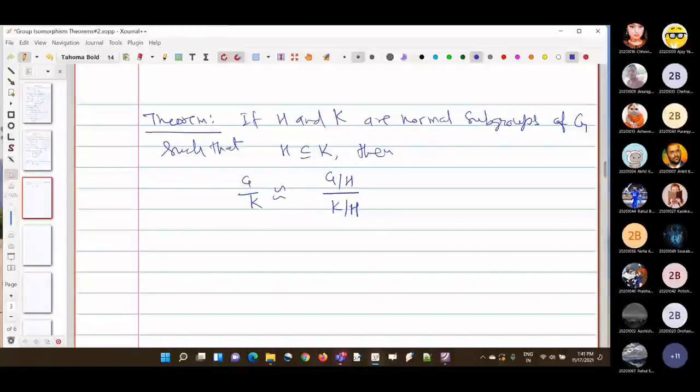To prove this result, we must first confirm that this quotient group is well defined. Then, as a whole, this is also a quotient group. G by H, that is K by H, has to be normal in G by H. Fine.